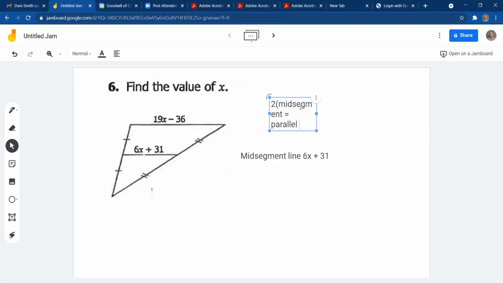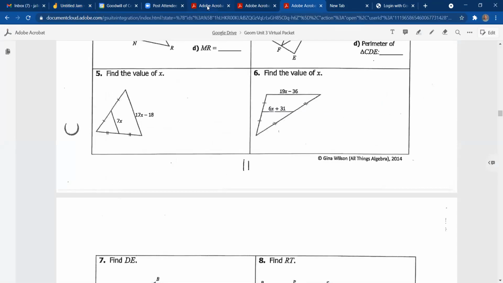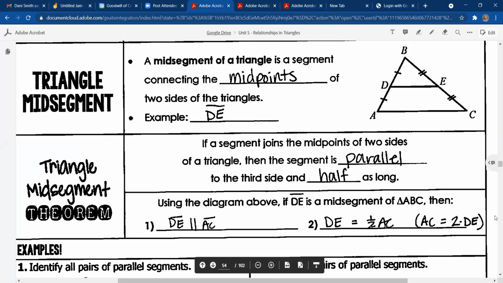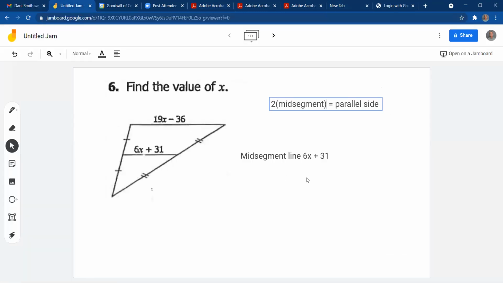I'll say side. That's what this calculation is right here. AC equals 2 times DE, 2 times the mid segment. DE is the mid segment. So 2 times the mid segment equals the parallel side.